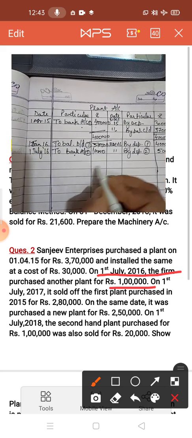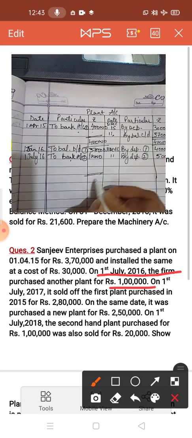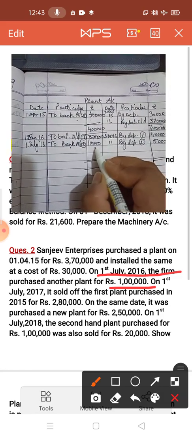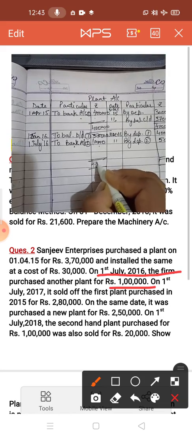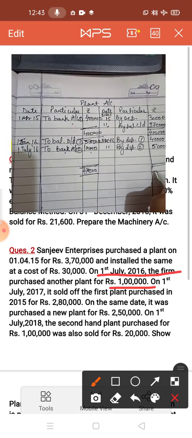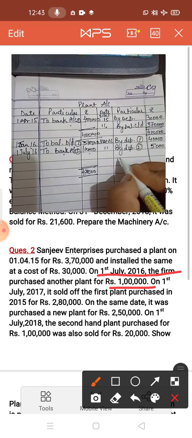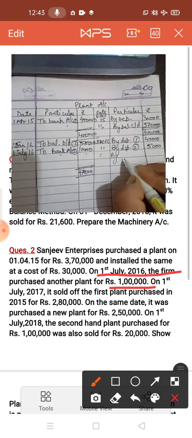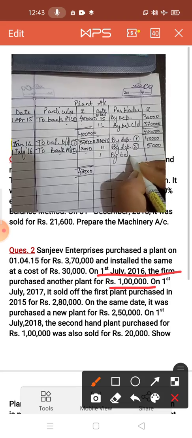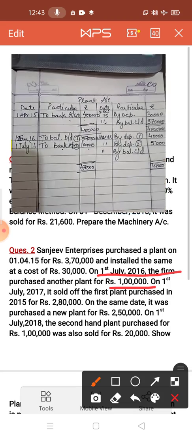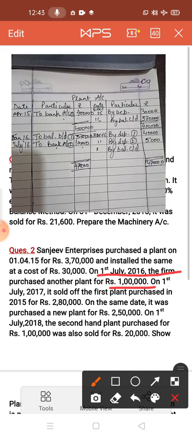Now you have to find out the balance CD. So for balance CD you can find out in this way. 3,70,000 plus 1 lakh, it is 4,70,000. Now total is 4,70,000 both side. Now find out the balance CD on 31st December 2016. Now what is the balance CD? 4,70,000 minus 45,000.